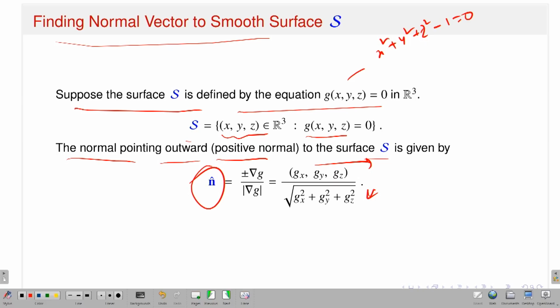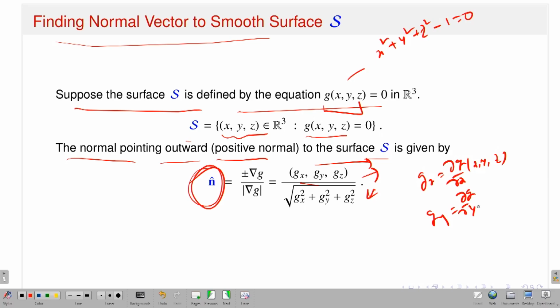So if I have a surface given by the functional relation g of x y z is equal to 0, then I have a formula for the corresponding unit normal vector. This is the formula. You first consider the gradient of my function g, that means del g del x, del g del y and del g del z. So gx, I am talking about del g del x at the point x y z. And what is gy?